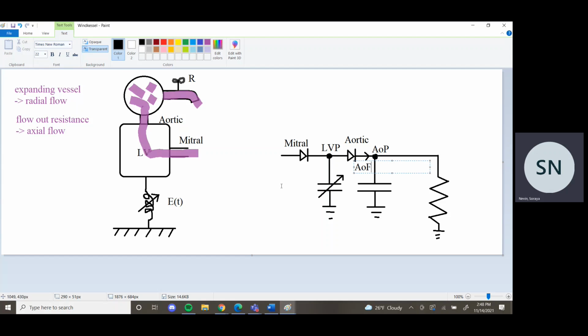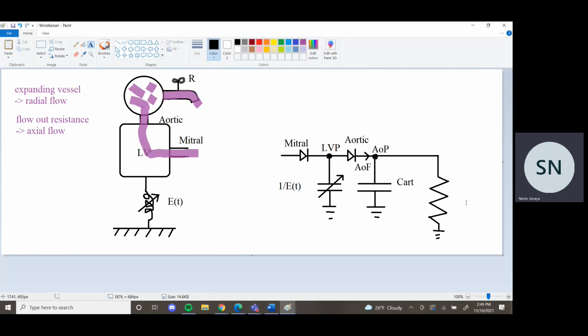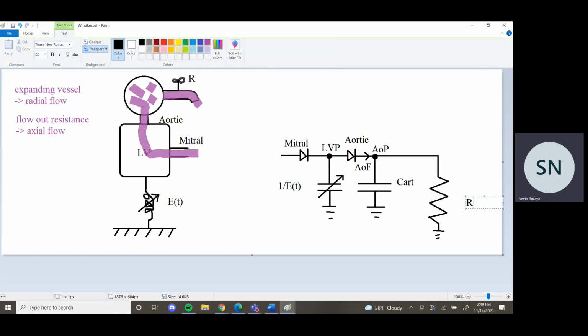This capacitor represents 1 over the elastance, time-varying elastance. This is the arterial elastance, and this is the arterial resistance.